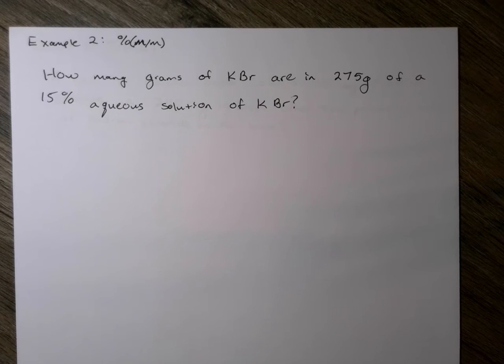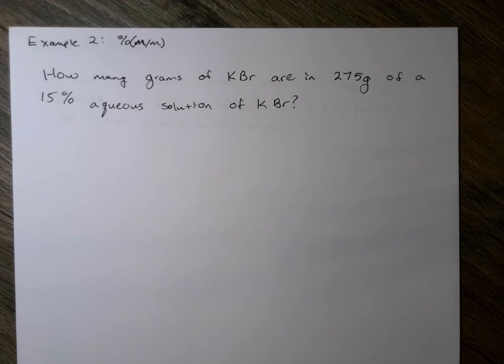So now we're going to look at another example. This example says how many grams of potassium bromide are in 275 grams of a 15% aqueous solution of KBr. So, it tells us that we have 275 grams of solution, and it tells us our percent by mass.